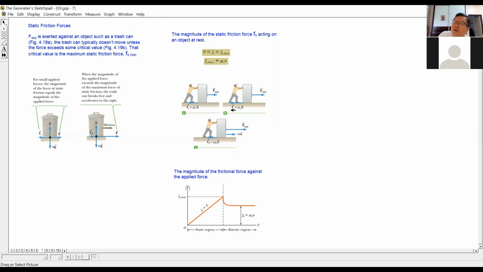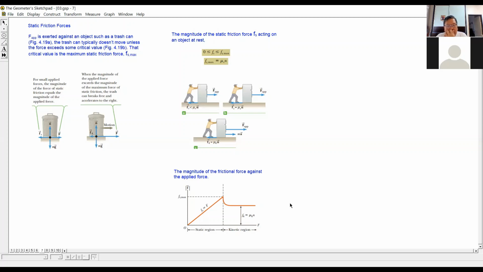The applied force is equal to the maximum frictional force or the maximum static friction. But when the object is moving, when you push and the object starts to move, it's no longer the static friction. It is the kinetic friction that is opposing the object. And this kinetic friction is mu k multiplied with N.